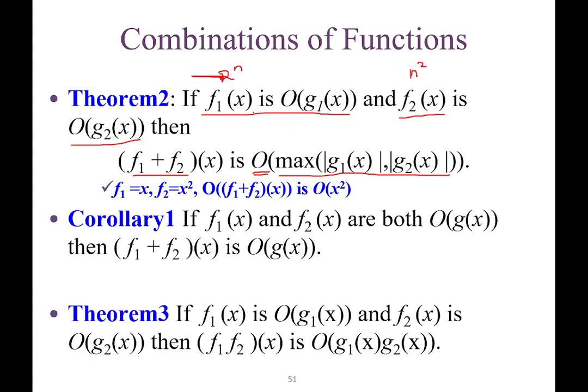So if we have this combination, f1 plus f2, we call that f of x equals 2 to the power of x plus x squared. Then for the big O of this function, you can see this one grows faster than this one. So when we calculate the big O, we extract the maximum of both terms. In this case, f of x is big O of 2 to the power of x.